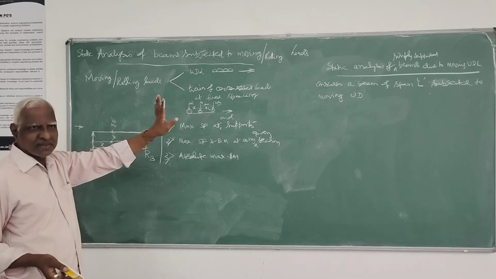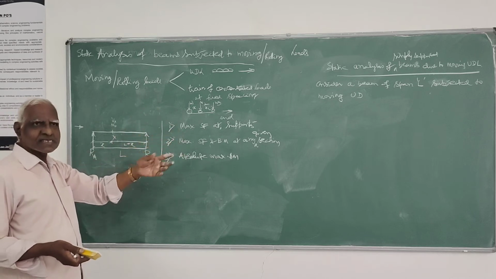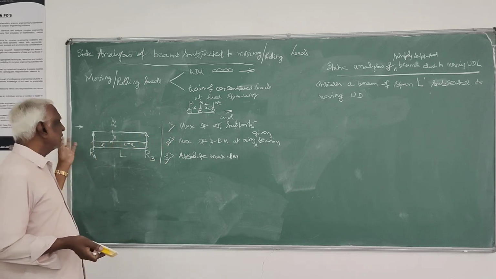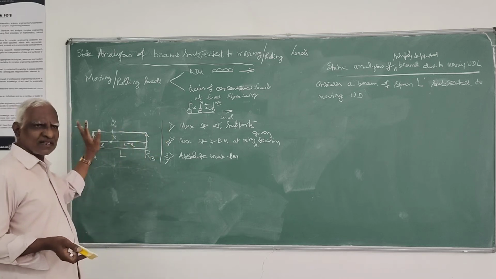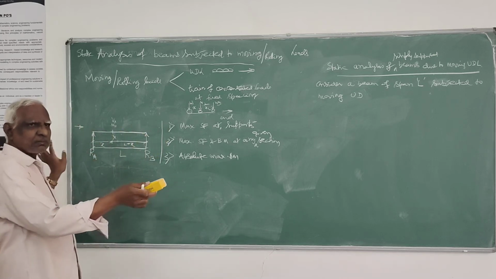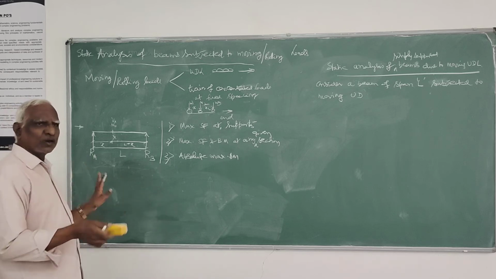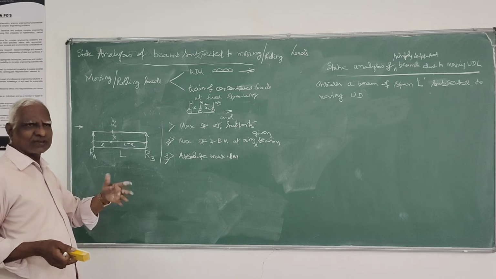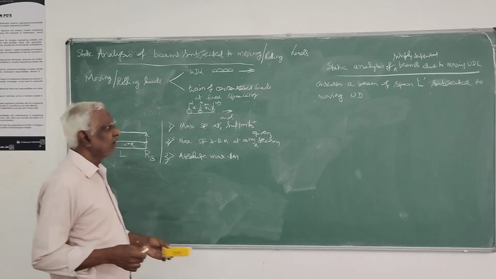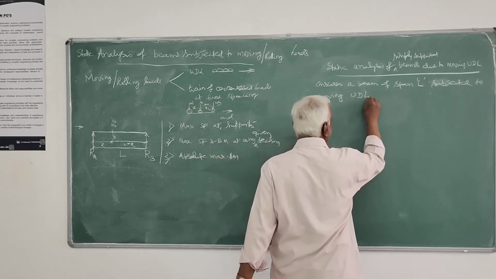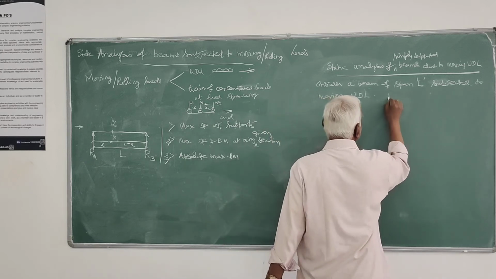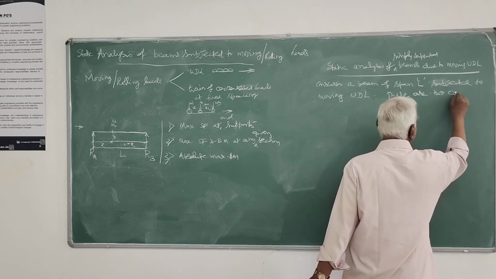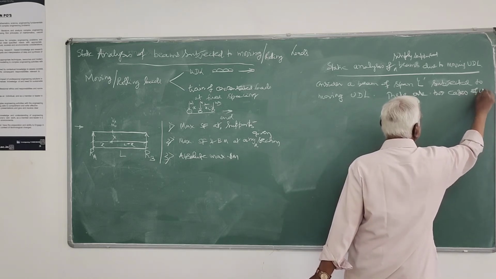So in the first case, when the UDL length is more than the span, the entire span has to be loaded in order to achieve these critical values. Critical values means maximum values. So for moving UDL, you can say there are two cases.